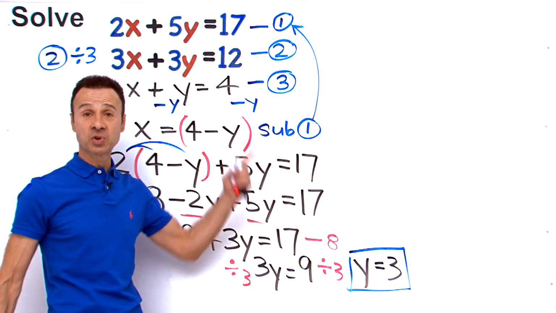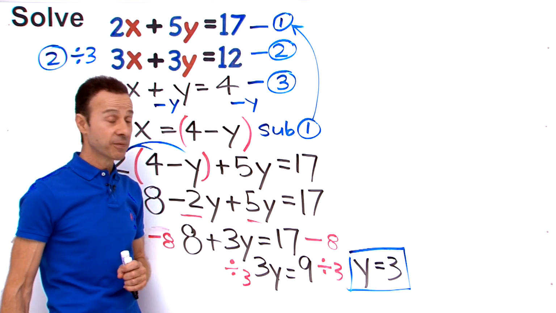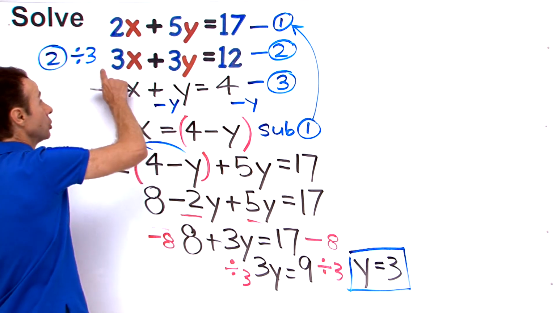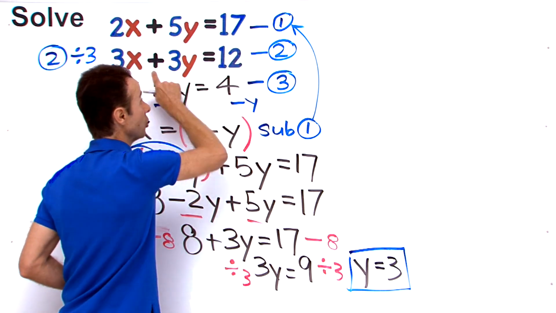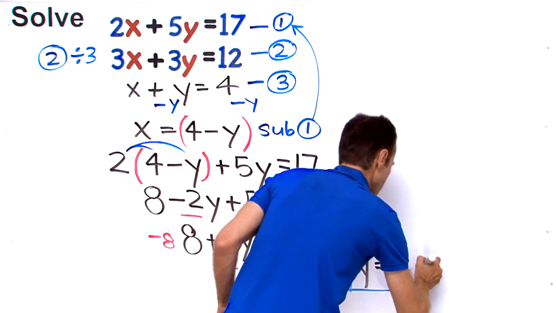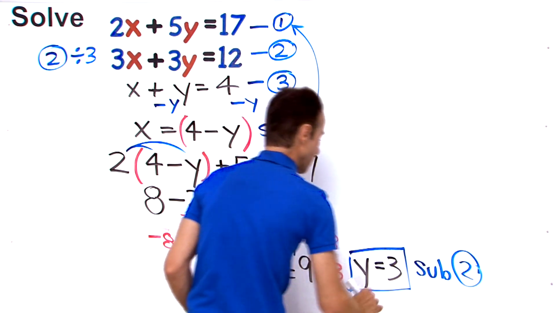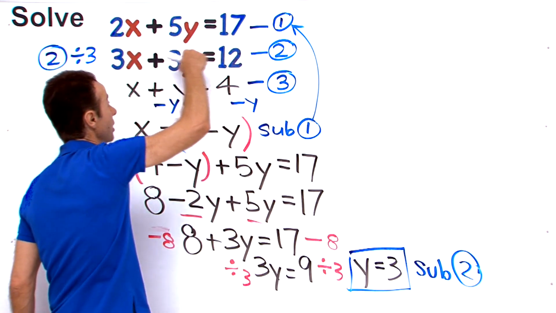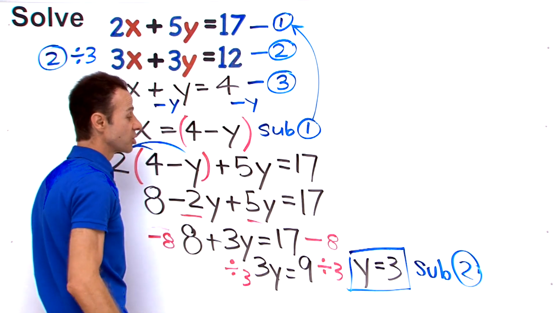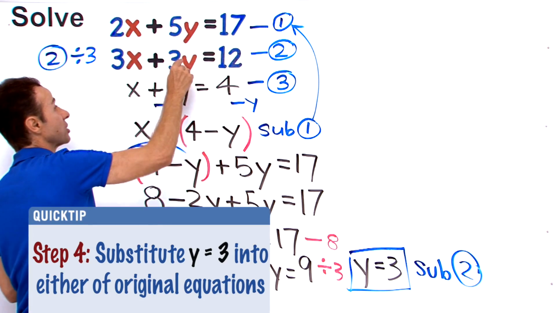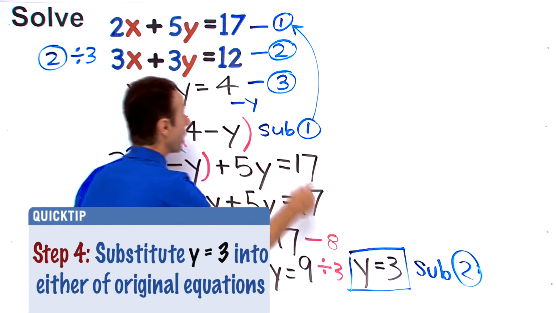Now all we have to do is substitute into the next equation so we can find the value of x. Since we used equation 1, we're going to use equation 2 now. You can put it into number 3, it'll work just as well, but I'm going to put it in number 2. Okay, y equals 3, we're going to substitute it right there. That y will be replaced by 3.